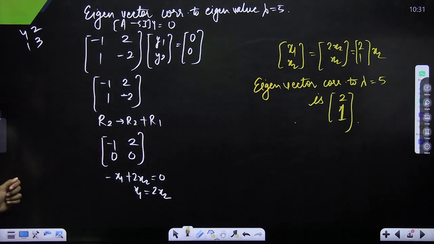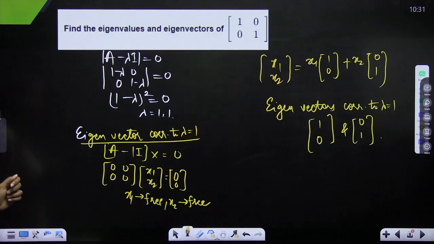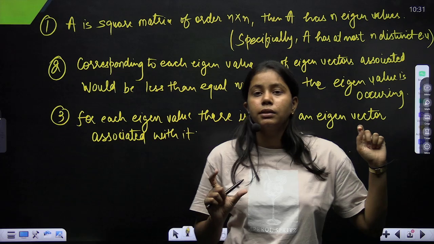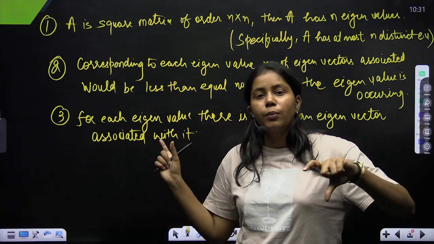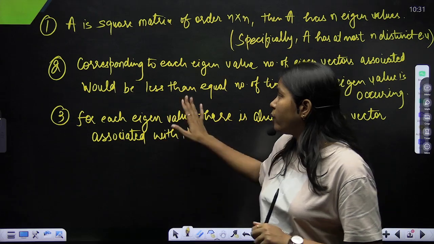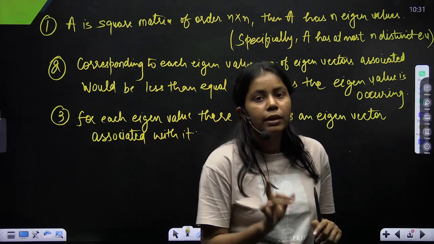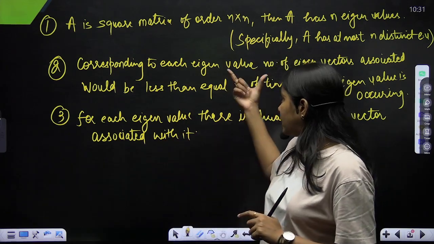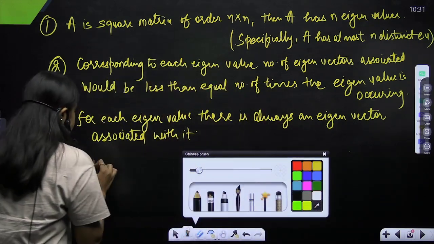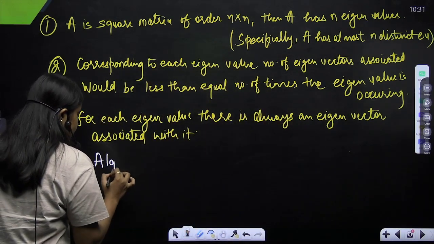And one more thing: right now you may feel that these properties are not important, but they will be helpful when we discuss diagonalizability, because then we are going to define algebraic multiplicity and geometric multiplicity. Okay, I'll write it down here as well. What is algebraic multiplicity?